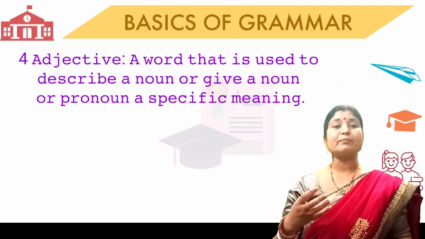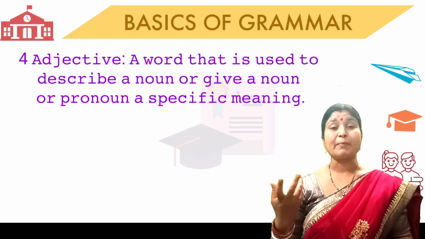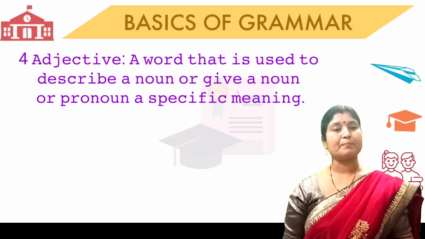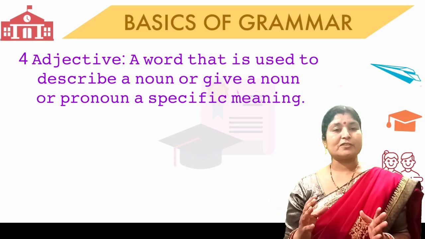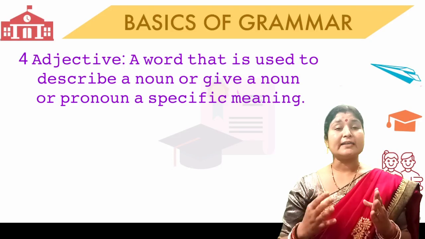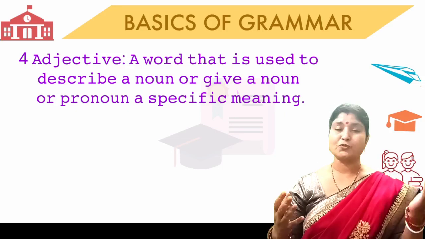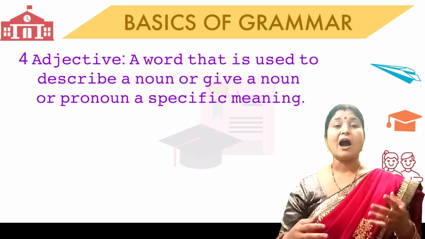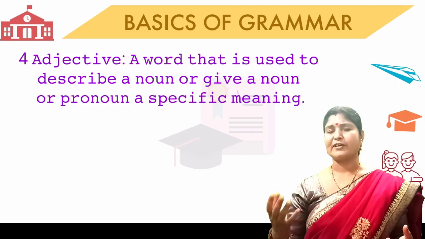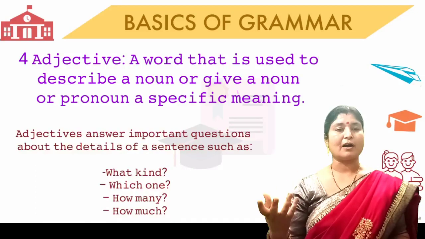These descriptive words help to give life to our sentences and make them stand out to the reader. Adjectives answer important questions about the details of a sentence, such as what kind, which one, how many, how much.